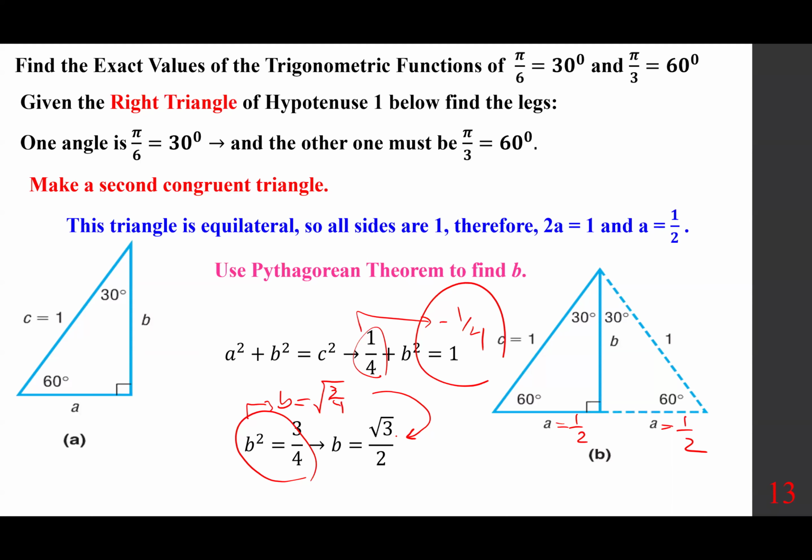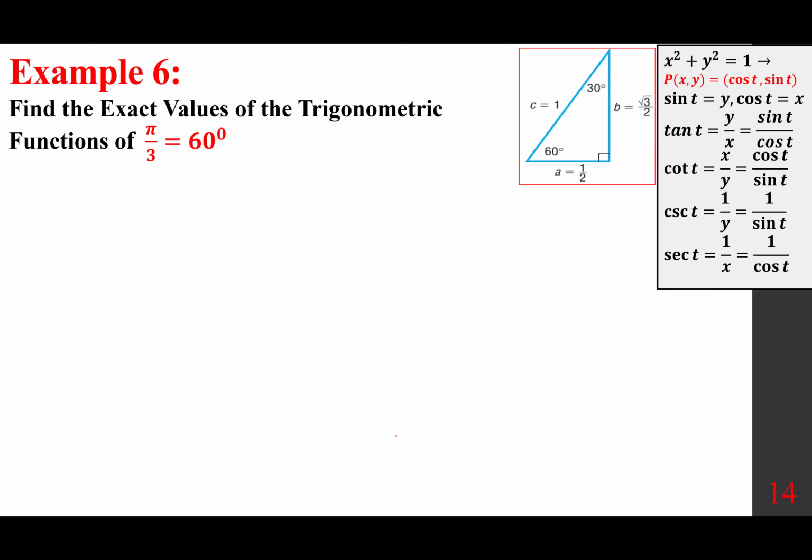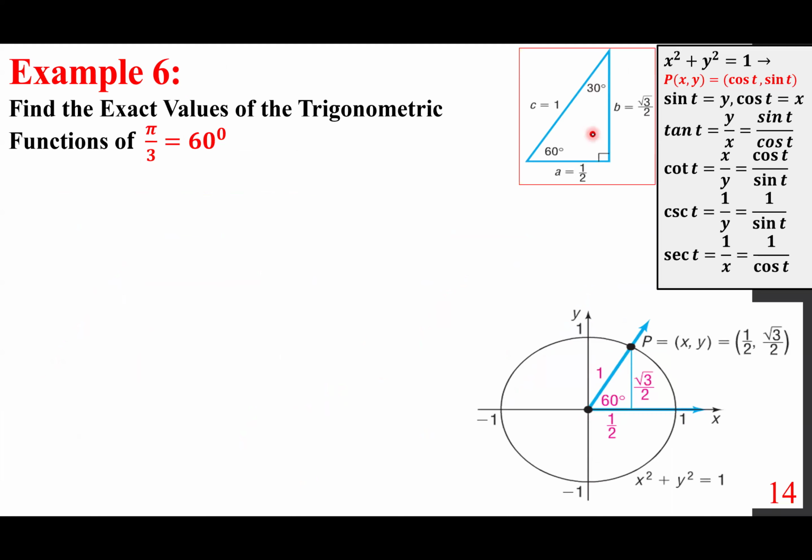Pretty much we have the answer. So when you find the exact values of a trigonometric function, specifically right now for pi over 3 or 60 degrees, we had this, we're going to put it here. So a is 1/2, hypotenuse is 1, which becomes the radius of a unit circle, and opposite 60 degrees, square root of 3 over 2.